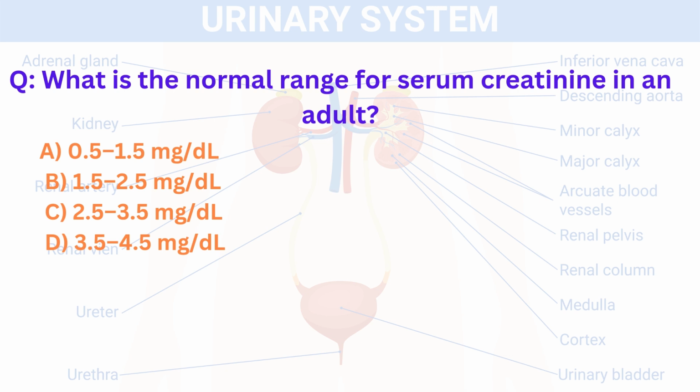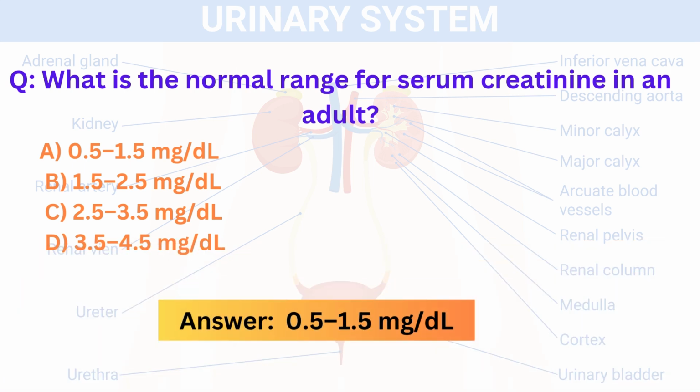Elevated creatinine in this range typically indicates moderate to severe kidney dysfunction. Then 3.5 to 4.5 mg per deciliter suggests significant kidney impairment or failure of kidney. Hence, the correct answer is 0.5 to 1.5 mg per deciliter. That is the normal range for serum creatinine in adults.